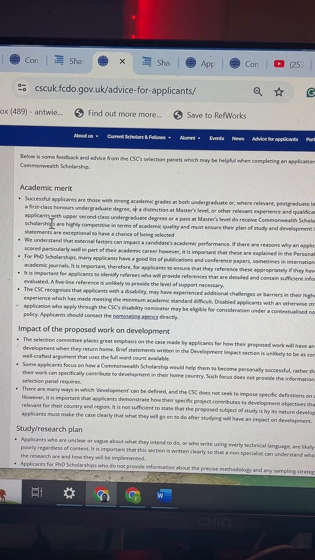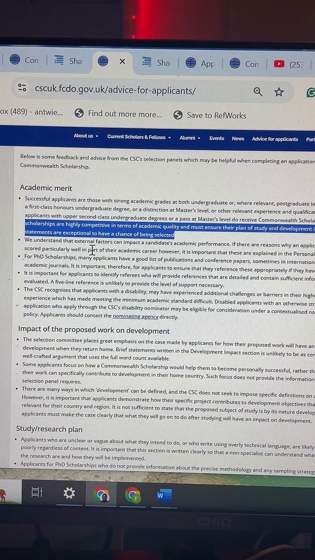So you're going to be competing against people with higher grades as well. And while applicants with upper second-class undergraduate degrees or pass master's level do receive scholarships, these scholarships are highly competitive. That's one thing that we need to be aware of, that the Commonwealth Shared Scholarship is highly competitive.